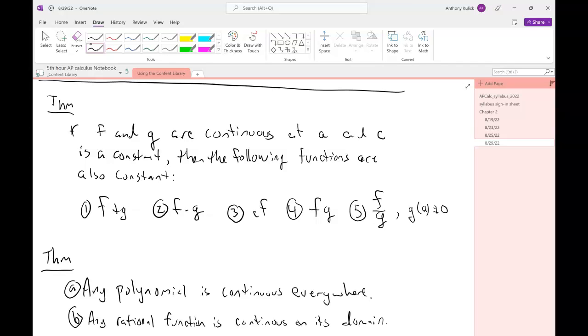Depending on the direction, Sophia, if it just says show that this thing is continuous at a equals 5, you say, the thing is a polynomial, so I know it's continuous at that value and all the other values. But if it says use the definition of continuity to show that this thing is continuous at 5, then you'd have to do that.